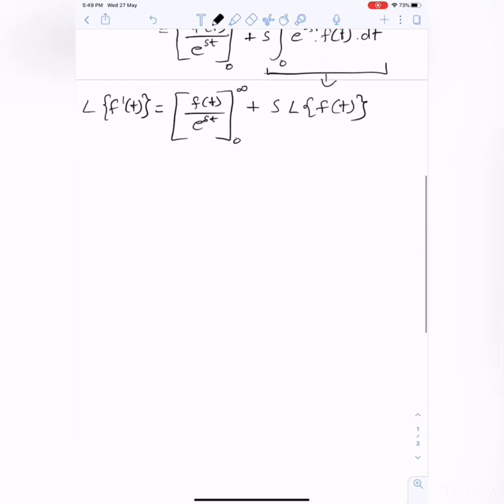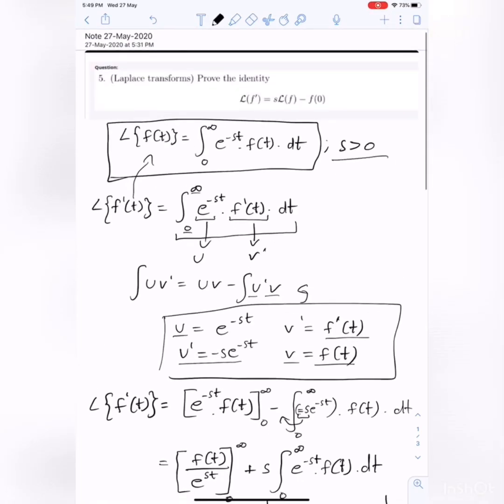now let's try to evaluate this limit. Let's try to evaluate it at t equal to infinity. So f(infinity) over e^(s times infinity). Now we do know s is greater than 0 because that's the condition we started out with.